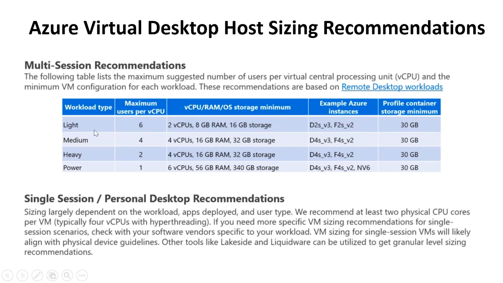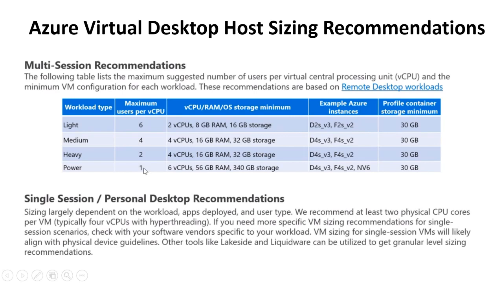For example, if it is a light environment, we will use 6 users per virtual CPU. If it's medium, 4. If it's heavy, 2 users per virtual CPU. And if it's a power environment, for example, an environment for design or simulations, we recommend to use this kind of performance.